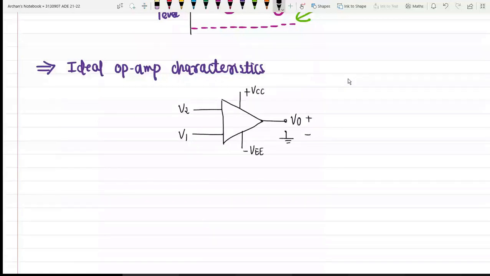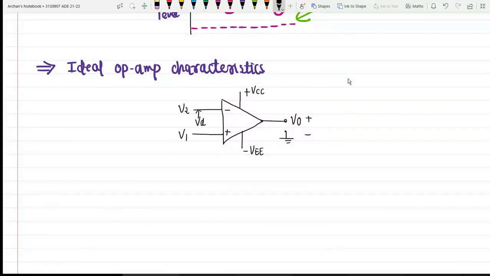Let V2 be at the inverting terminal and V1 be at the non-inverting terminal. Ideally, whenever these two inputs V1 and V2 are provided, the signal that gets amplified is the difference between these two inputs.